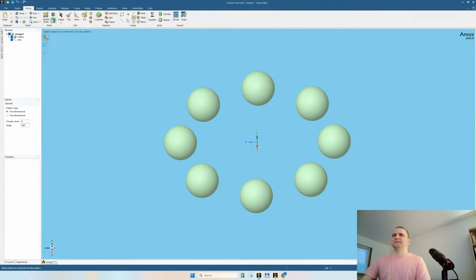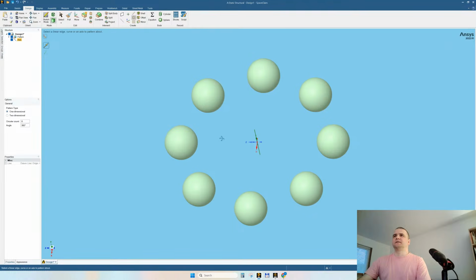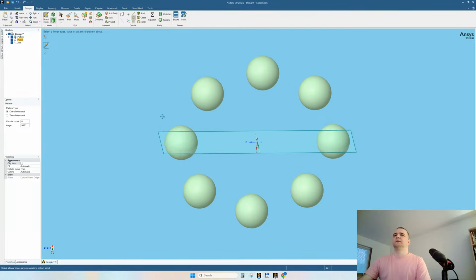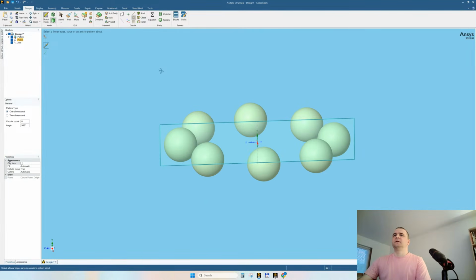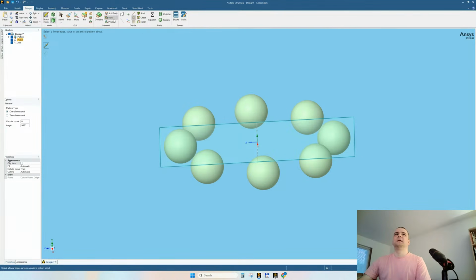Okay, so let's create now those races, those small cylinders. I would click this axis and let's create a plane. Right, so the plane goes like this. We can create the cylinders like a rotational sketch, but we will do the easiest way.